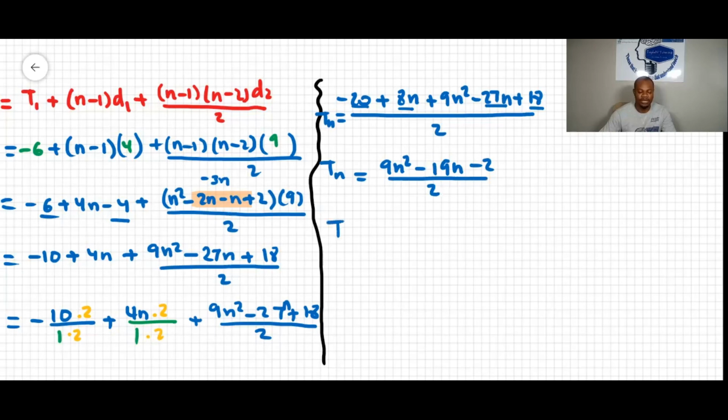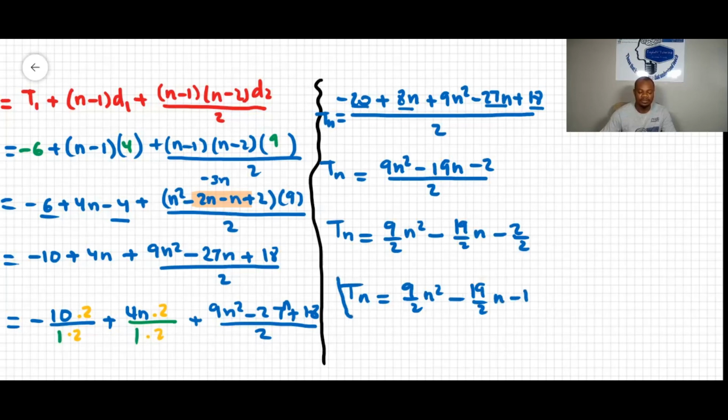Then we can break it down: 9 over 2 n squared minus 19 over 2 n minus 2 over 2. So Tn is 9 over 2 n squared minus 19 over 2 n minus 1. So these are the different ways we can find the quadratic pattern in this question. Thank you.